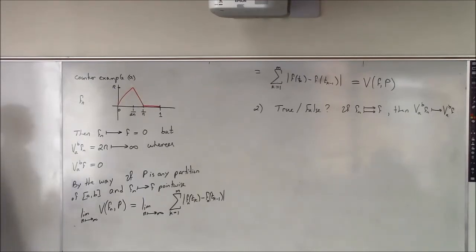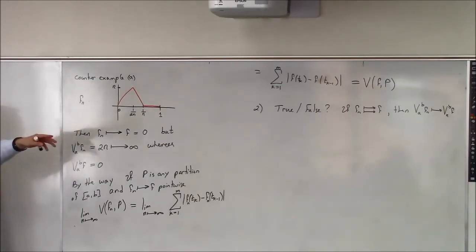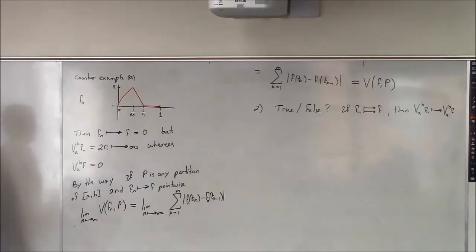One person says yes, uniform convergence does it. Uniform convergence means that the graph of the sequence of functions starts looking like the graph of the limit function, right? So would it force bounded variation?